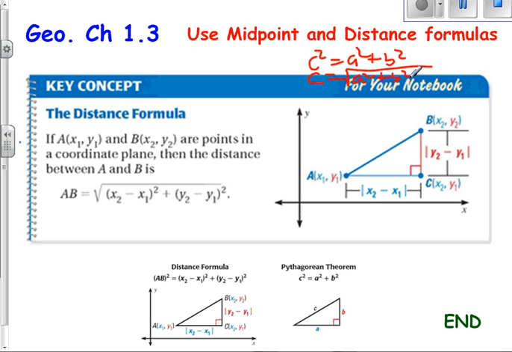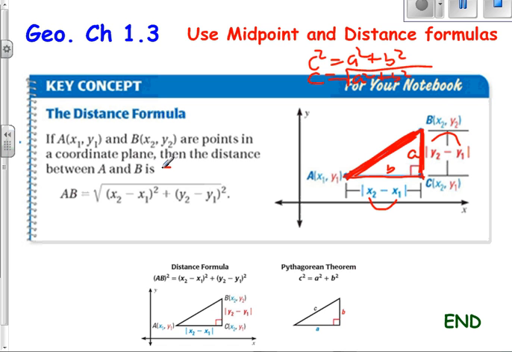So it's using that same theorem where you're creating a right triangle and you want to find this distance right here. I can use the Pythagorean theorem, but I'm actually using ordered pairs to do that. If you remember, we call that A, we call that B. B is represented by the difference in x values. A is represented by the difference in the y values.